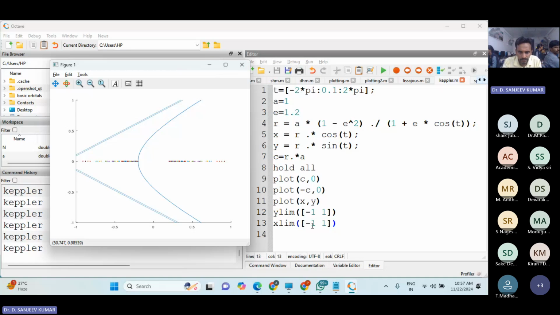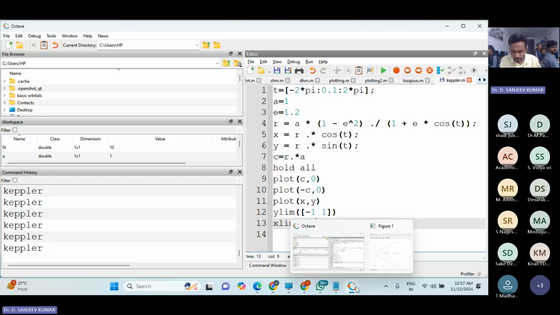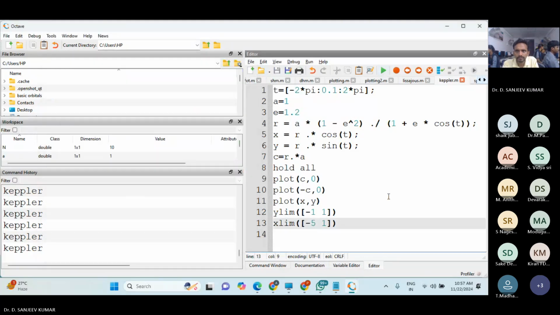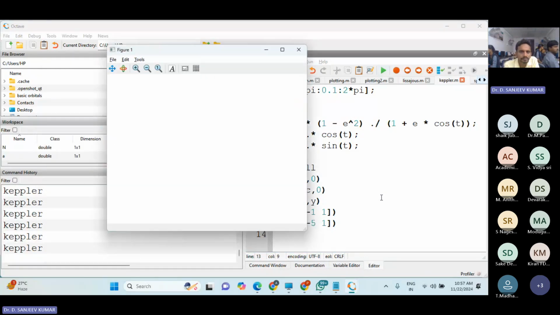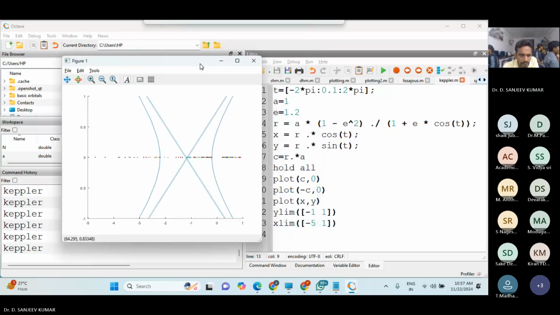So if you change the limits, so this is how you got a hyperbola.